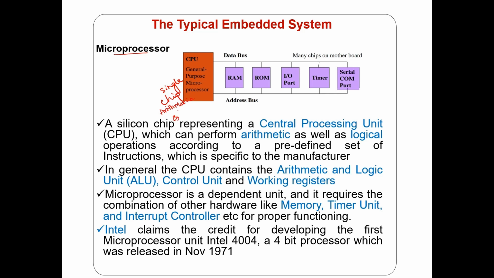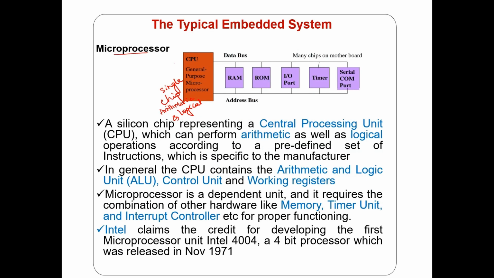This is the block held responsible to perform these. In the microprocessor based embedded system, the CPU is a single chip IC which consists of only the arithmetic and logical unit, along with the control unit and the working registers. That is the central processing unit that you can look at when you go for an embedded system made with a microprocessor.